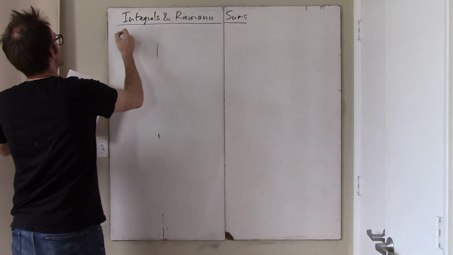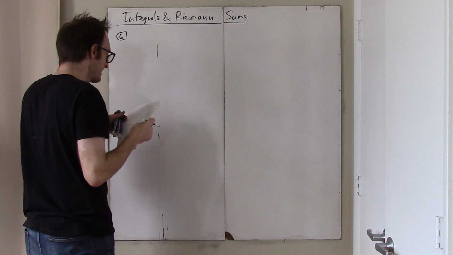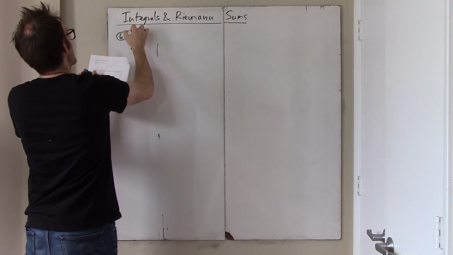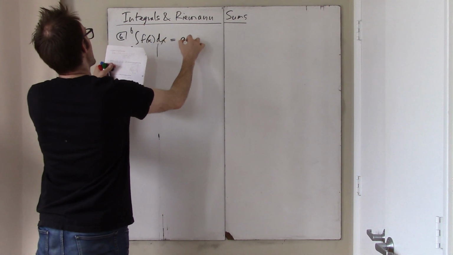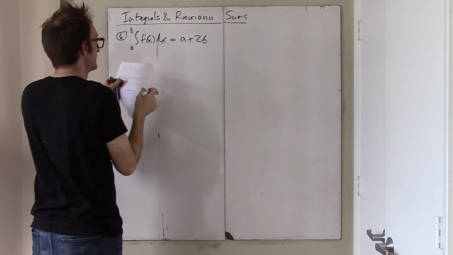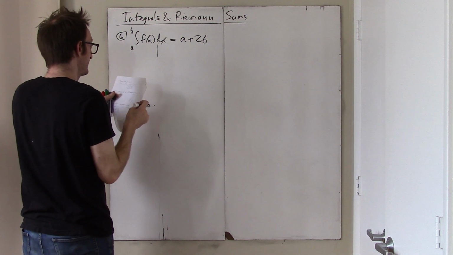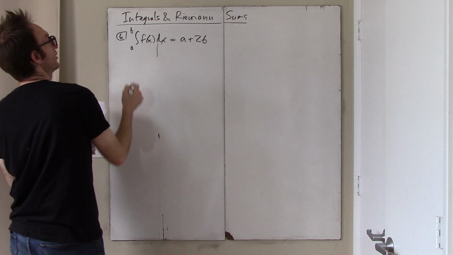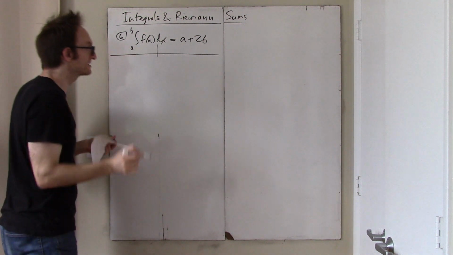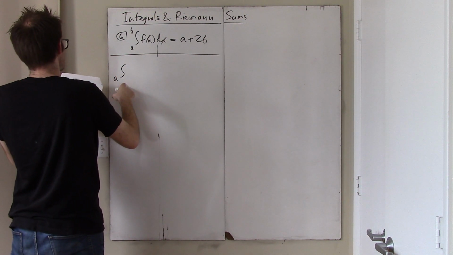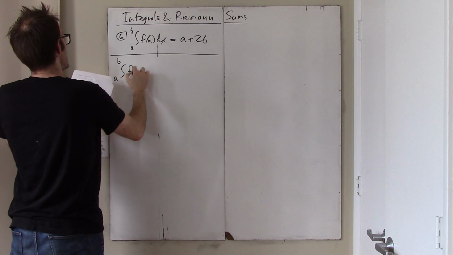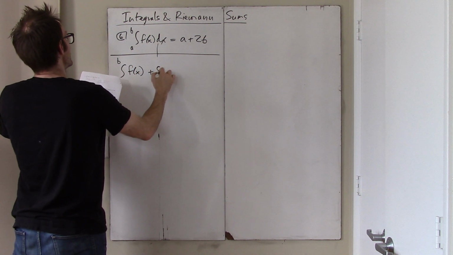Number 6 says the integral from a to b of some function is a plus 2b. Now, this is just sort of practice with integral manipulations. What's the integral from a to b of f plus 5?